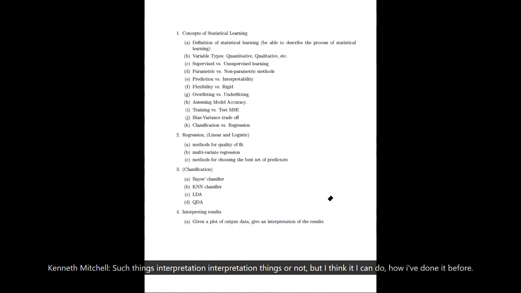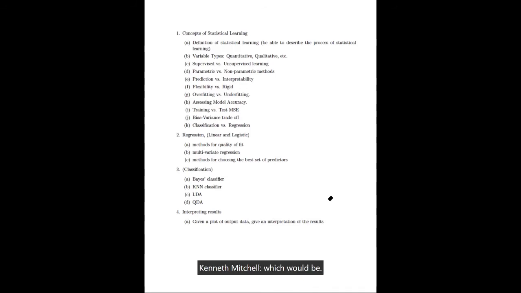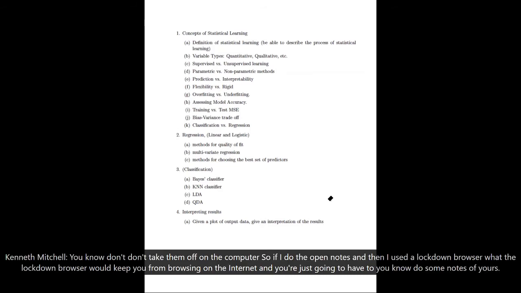But I think I could do it how I did it before, which was using the lockdown browser. So I could do it with open notes, but you'd have to open the notes first. Don't take them off the computer.